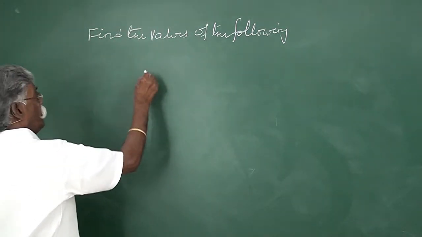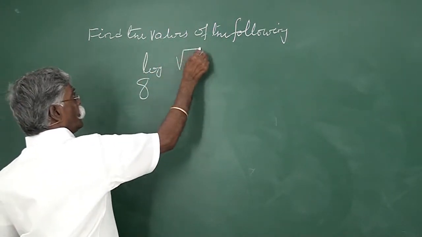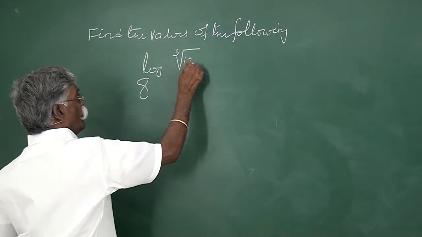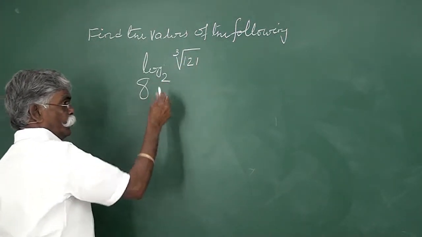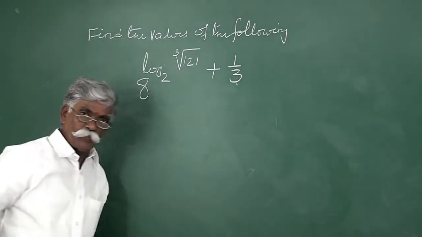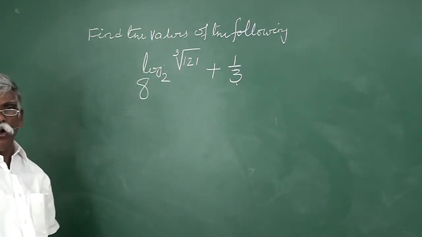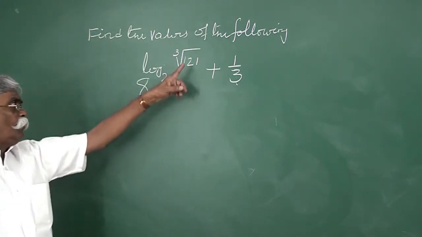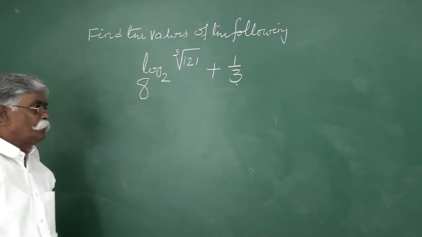Next one is 8 power (log of cube root 121 to the base 2 plus 1 by 3). So we have to find the value of 8 power (log of cube root 121 to the base 2 plus 1 by 3).